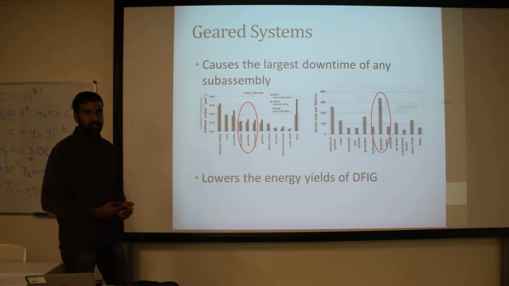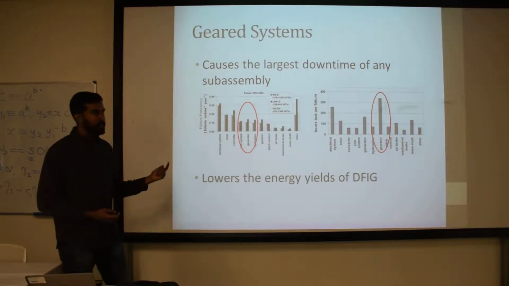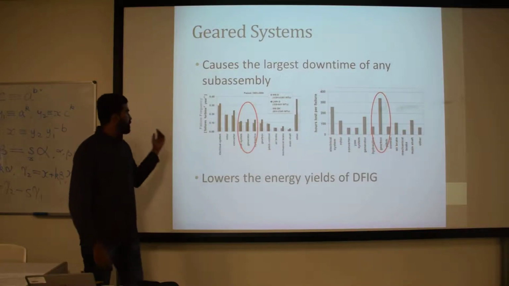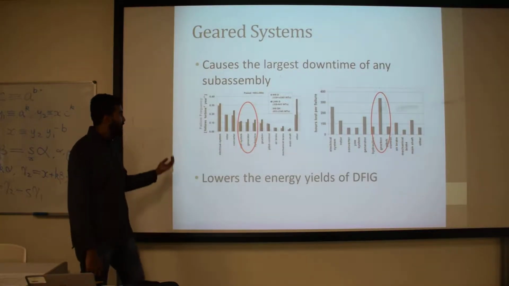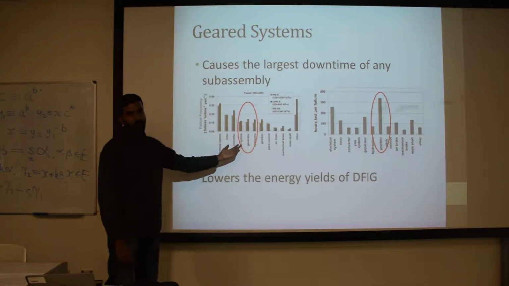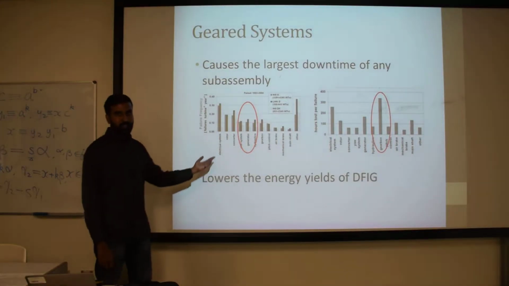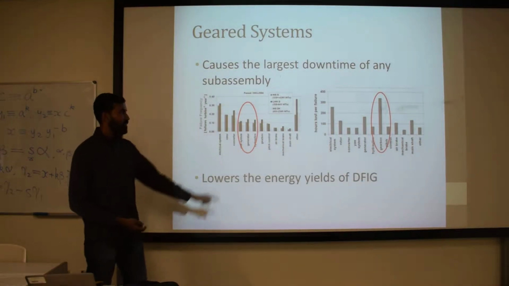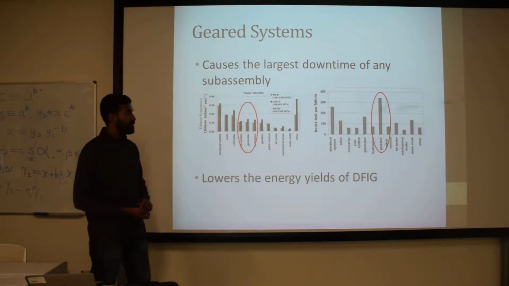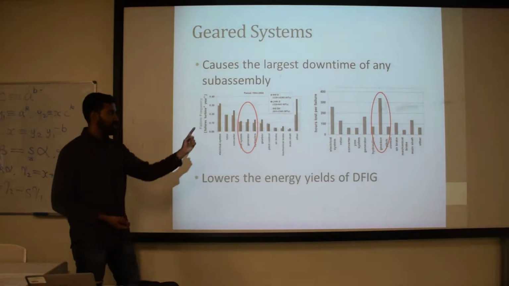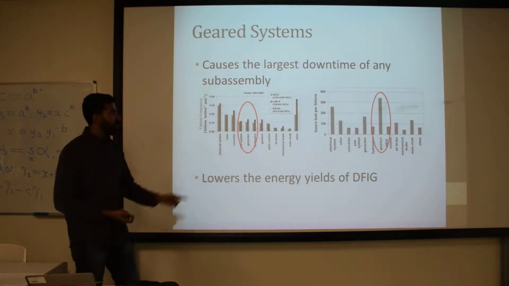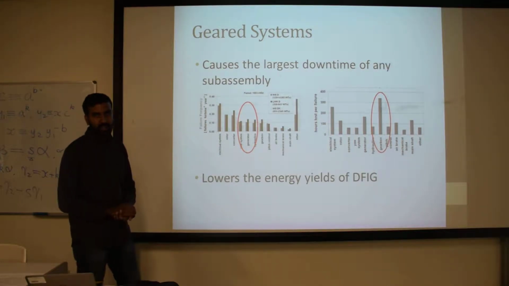The DFIG is a geared system, and the problem with geared systems is that even though they have failure frequencies that might be lower or about average, as you can see from this graph, they have the highest number of hours per failure. You can see one failure of the gearbox leads to around 330 hours of downtime.